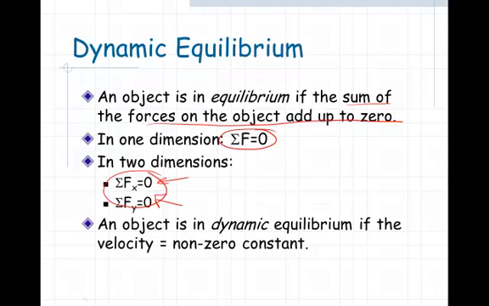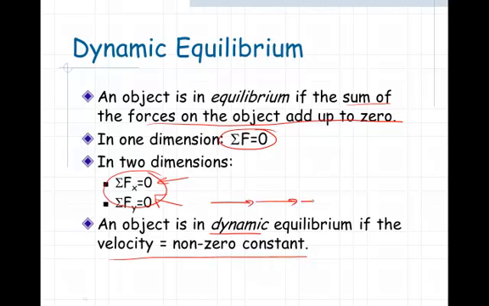Specifically, an object is in dynamic equilibrium if the velocity is a non-zero constant. In other words, an object is in dynamic equilibrium if the object is moving with constant velocity, and that velocity is not zero.